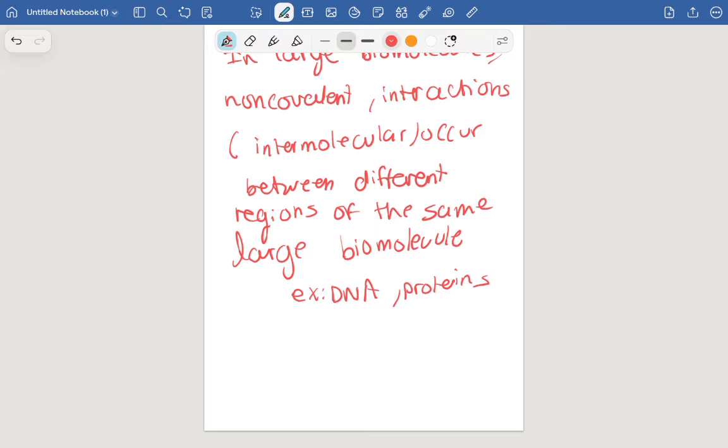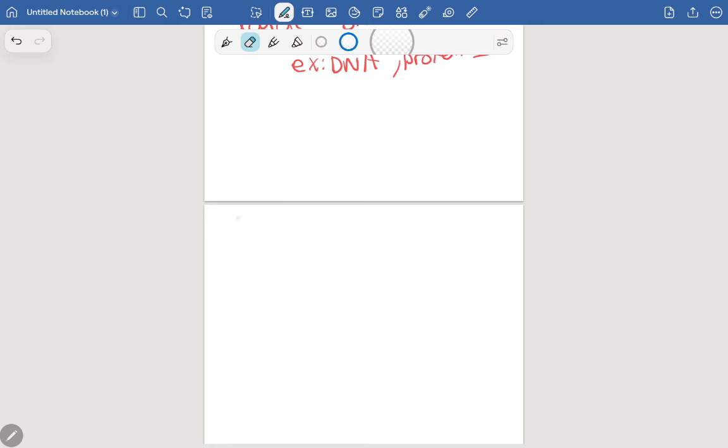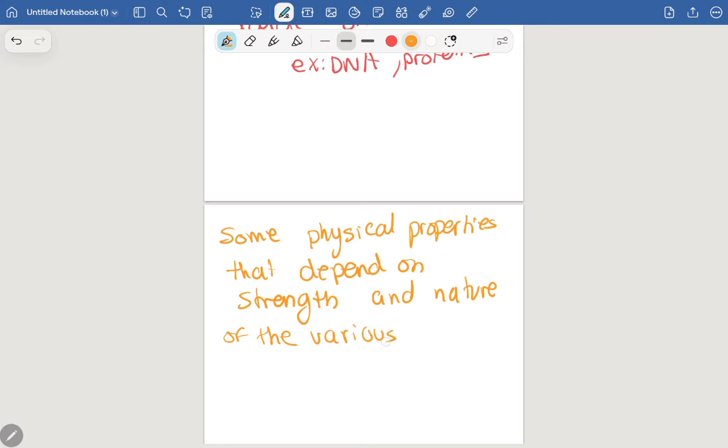Now, what are some physical properties that depend on the strength and nature of the various intermolecular forces? They are actually a lot.